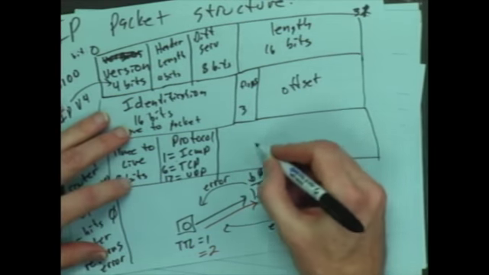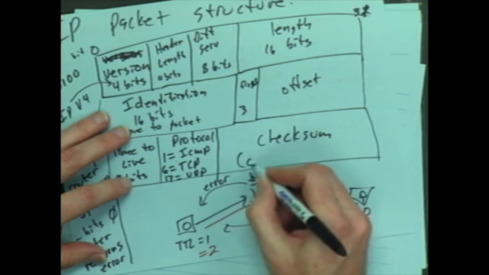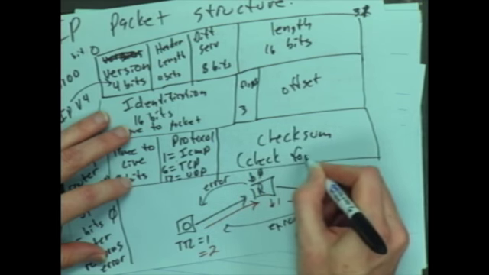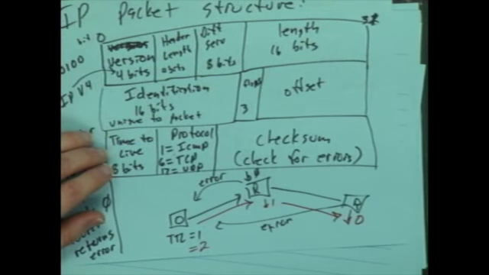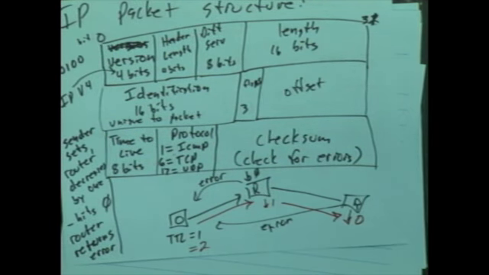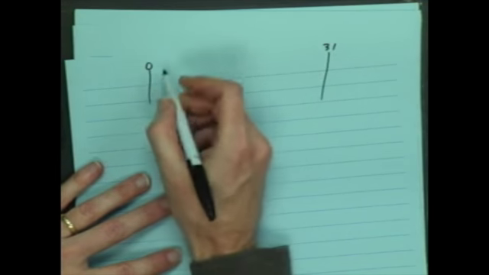Okay. Then over here it has a checksum. This is going to be to check for errors. And still continues on. So if I got bit 0 still and bit 31.